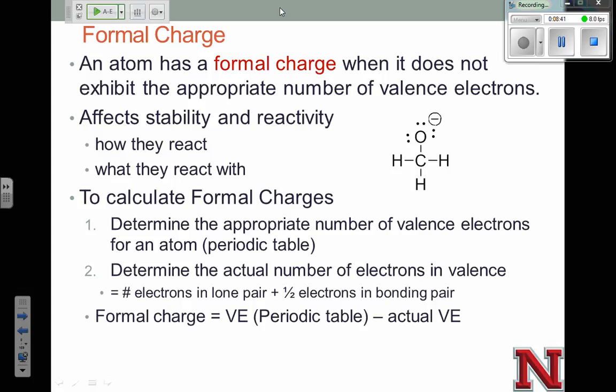It is uncommon, though not completely never going to happen, but it's uncommon for most organic compounds to have more than a negative 1 or a positive 1 charge. There's exceptions, NO2 is an exception, but in general, it's too unstable to have more than just a negative 1 or a positive 1. And you won't likely ever see carbon with more than a negative charge or a positive charge.